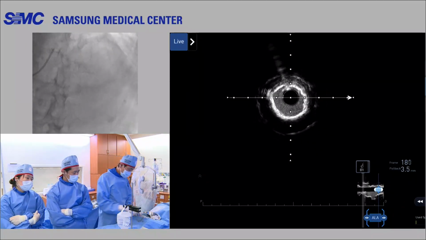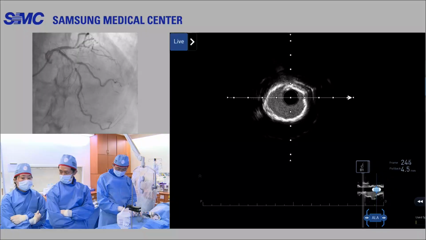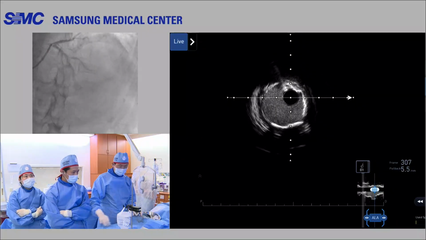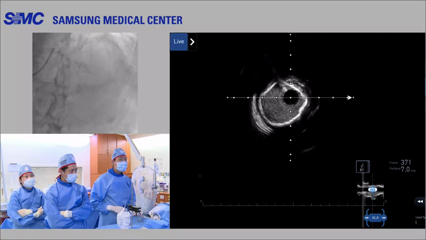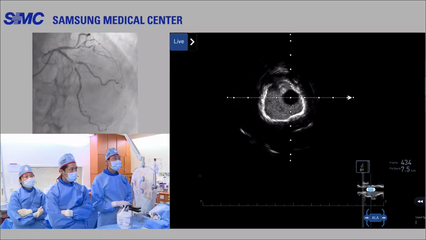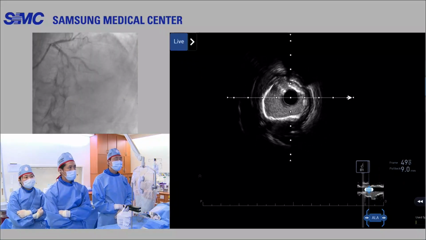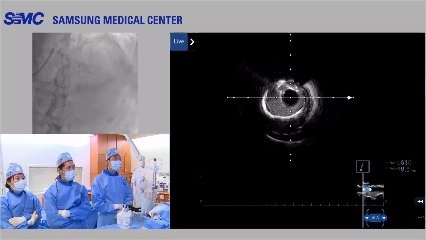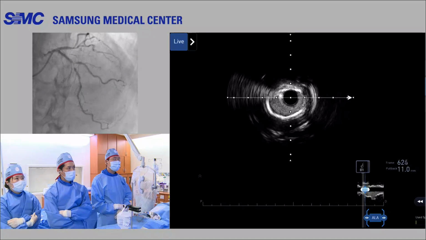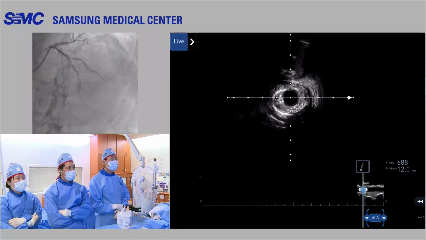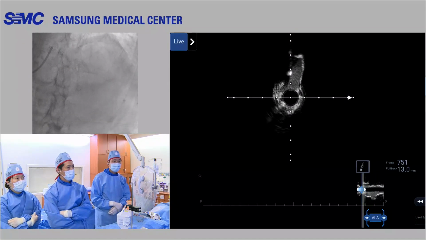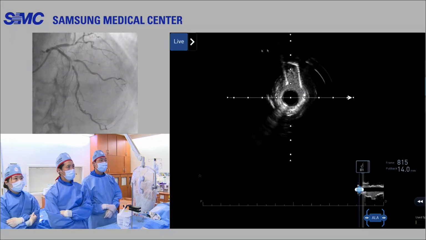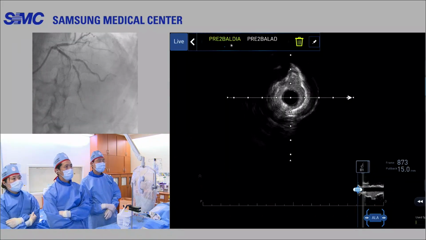What's your suggestion? Actually, with this imaging it is difficult to evaluate the vessel size because of the heavy calcium. So if you select the stent or balloon, what size is not clear, because the outside of the vessel is difficult to see.